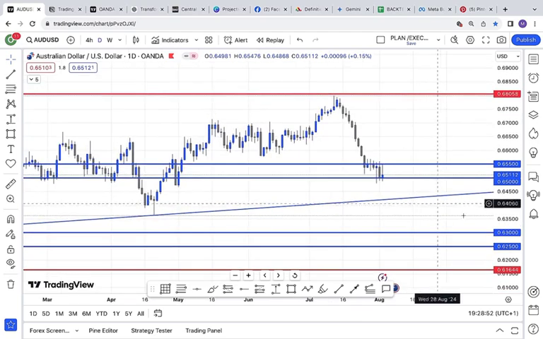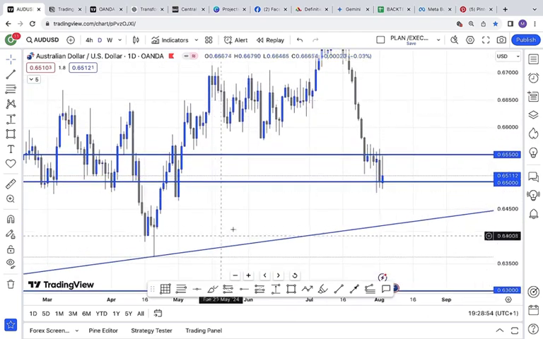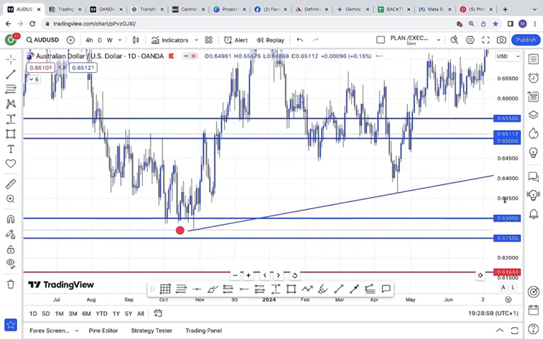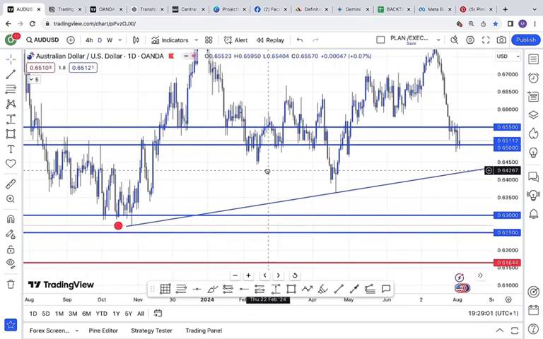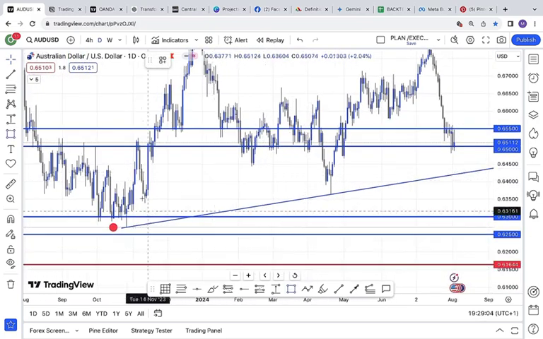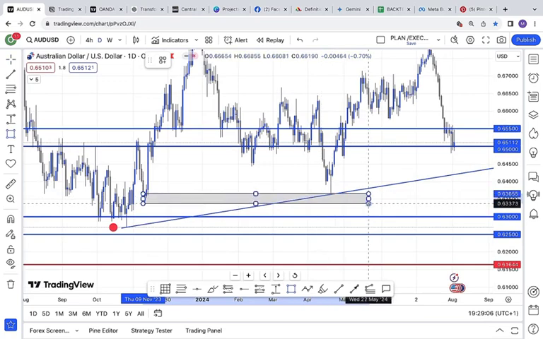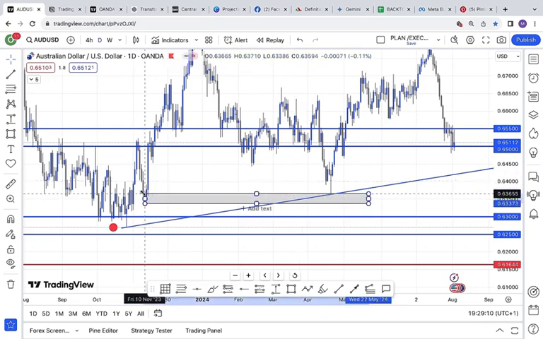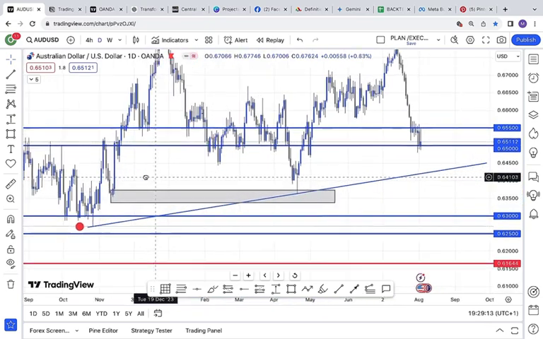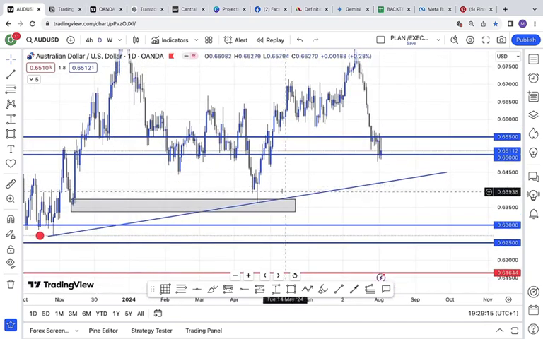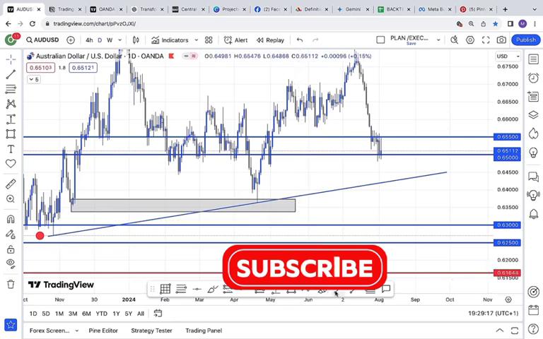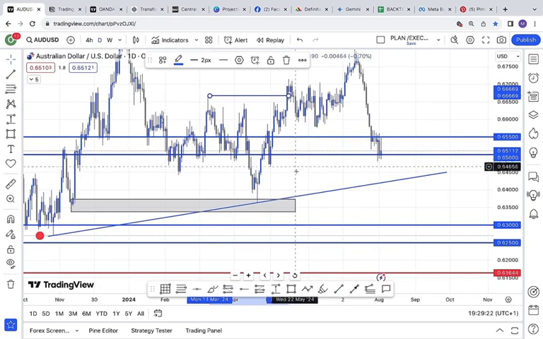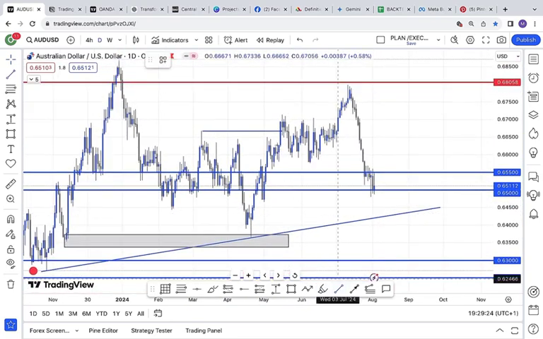So on the daily time frame, we have this trend line. First of all, price reacted from this demand in the past, so it moved to the upside, taking out this internal structure, taking out this structure high too.